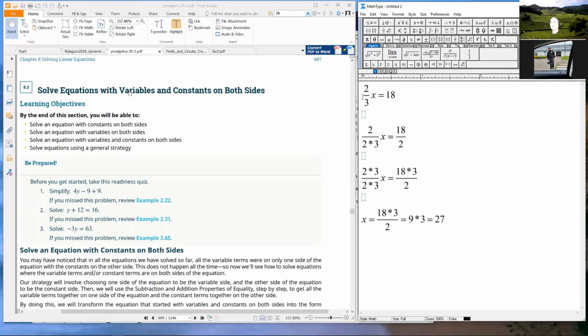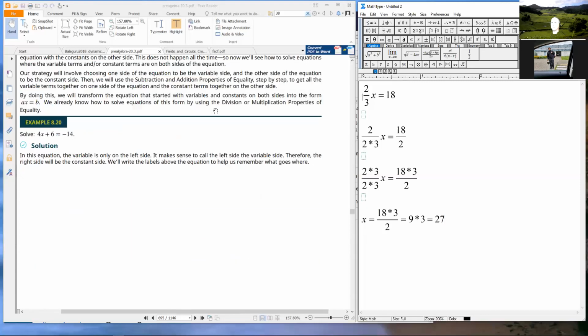So now we're going to move on to equations with variables and constants on both sides. So solving things like this, 4x plus 6 equals negative 14. And solving something like this is what we call a 2-step problem. It's called a 2-step problem because there are 2 steps to solving it, okay?